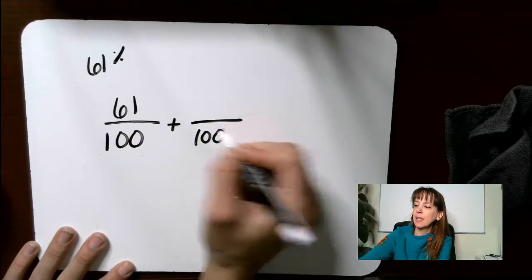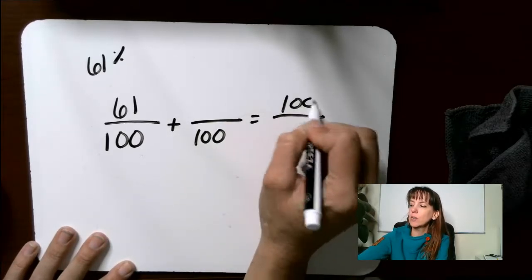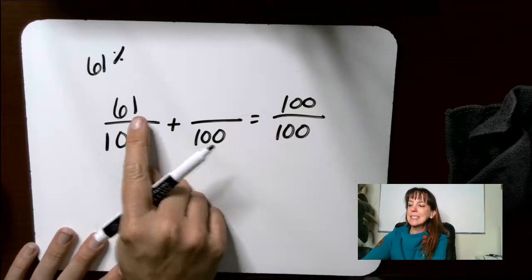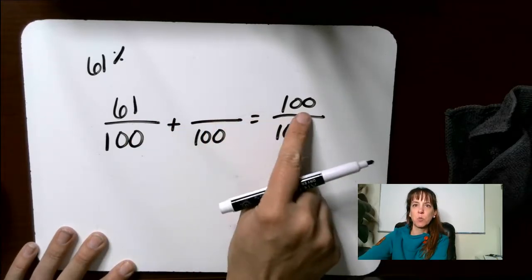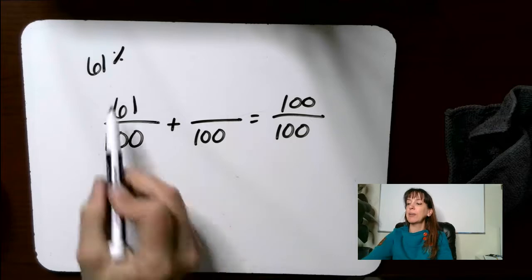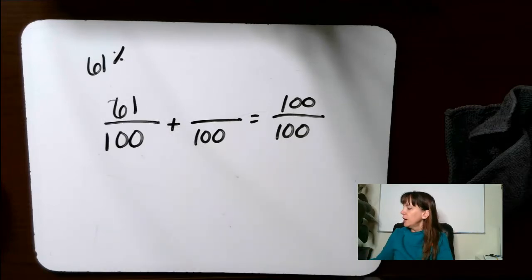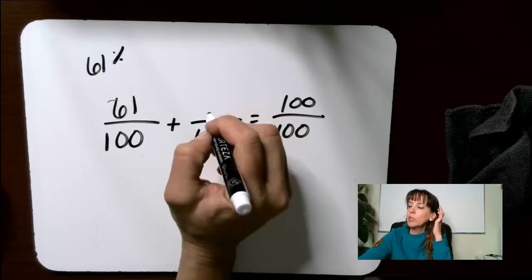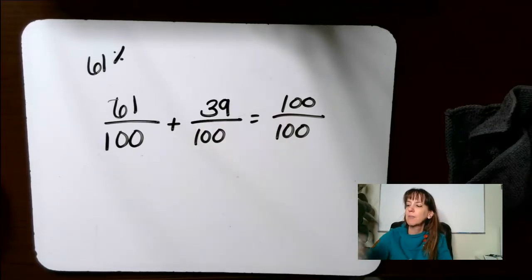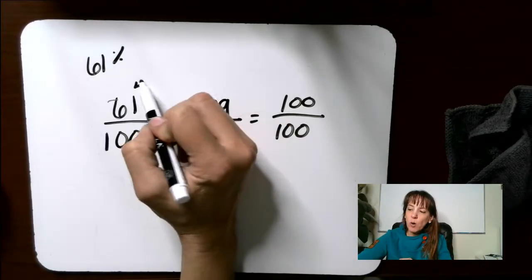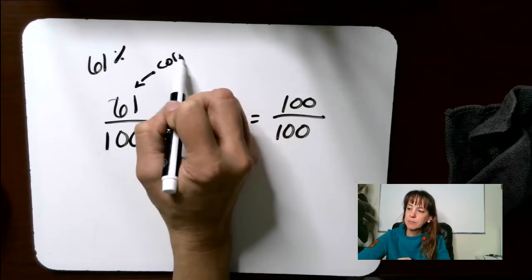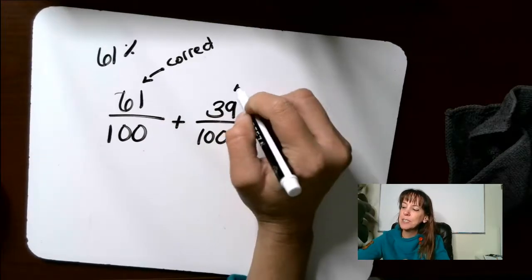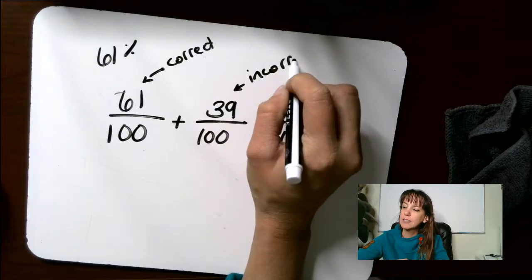Plus something equals 100 over 100. 61 plus something will give us 100. We can subtract, right? If we add in this direction, we subtract in the other. So if we take 100 minus 60, you would get 40. Minus 1 more, you would get 39. So 61% correct. That means 39% incorrect.